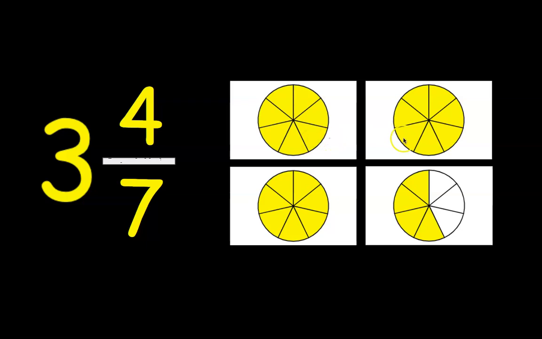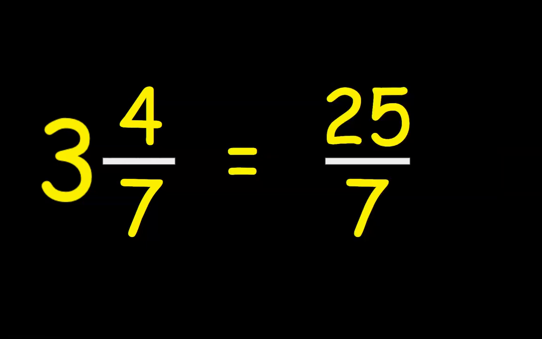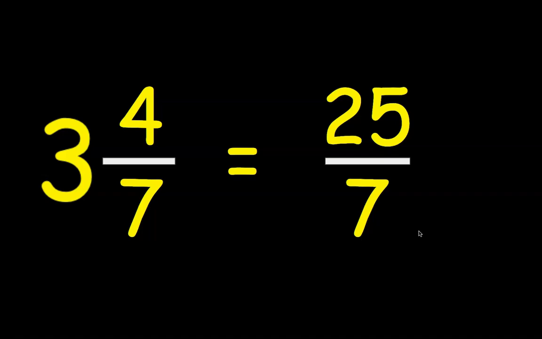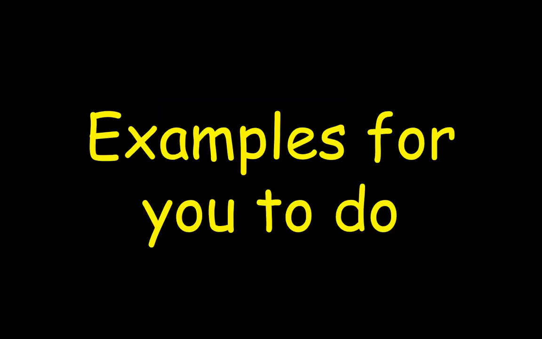So 7 and 7 and 7 is 21. Plus another 4 is 25 sevenths. Have a look. 7 sevenths there, 7 sevenths there, 7 sevenths there, 4 sevenths there. Altogether 25 sevenths.